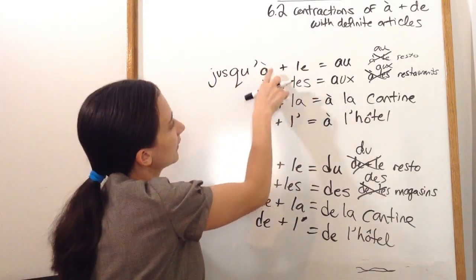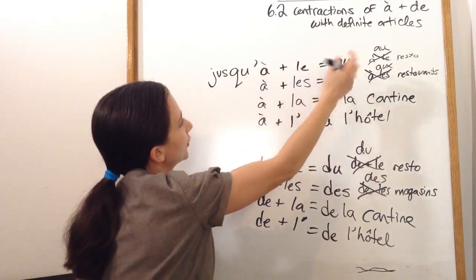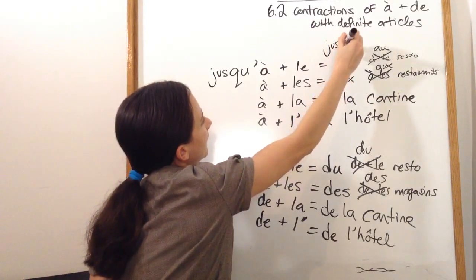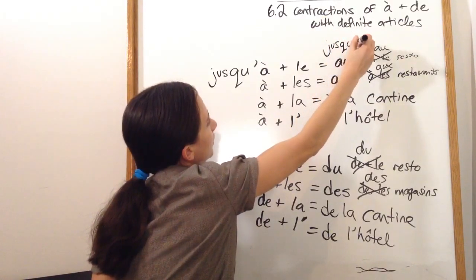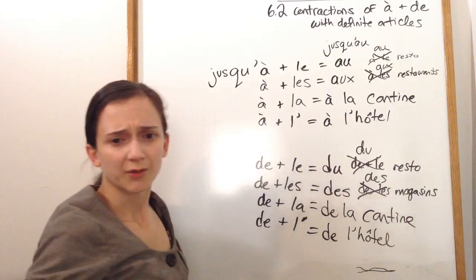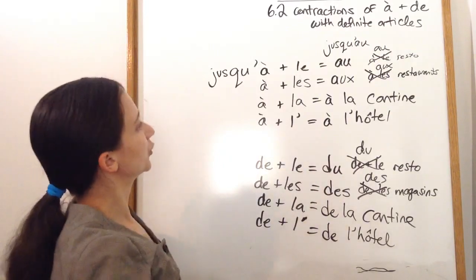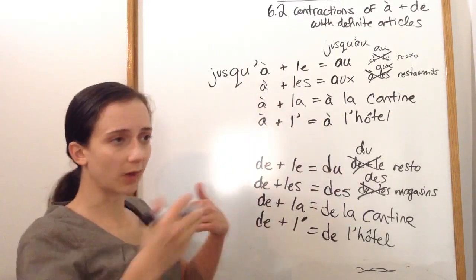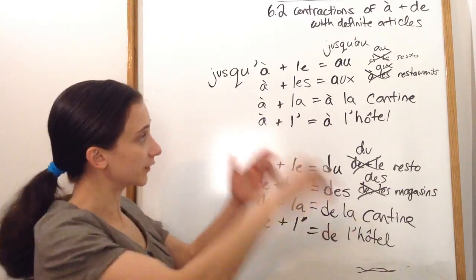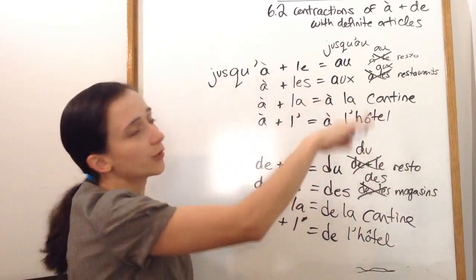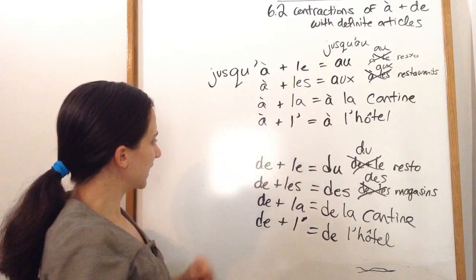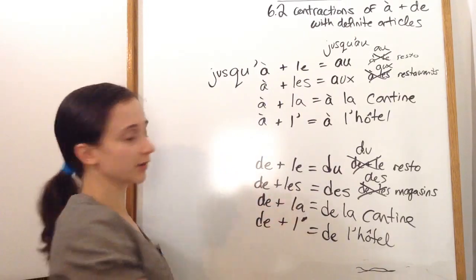Jusqu'à, we would take that off, we would change that to jusqu'au. Woo. That looks very funny. That is the way you do it. Jusqu'au resto. So you're walking down the street. How do I go? Well, you have to go just up until the restaurant. Jusqu'au resto.